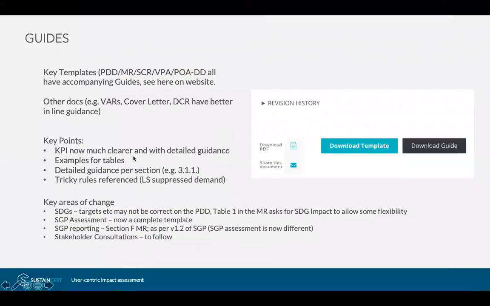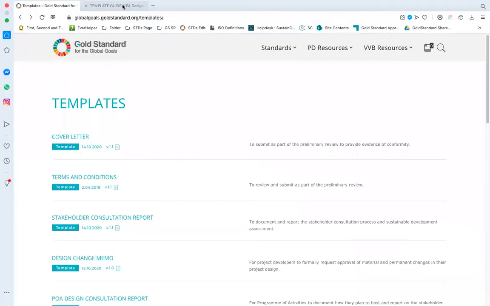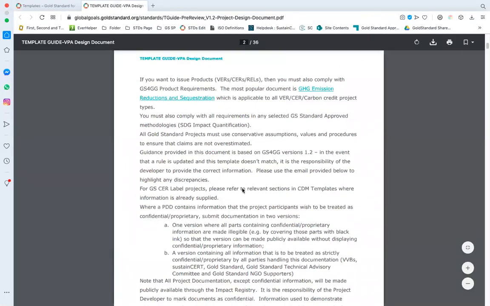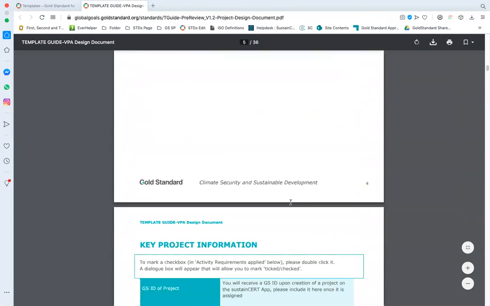So I'm going to talk about some of the detail. As I mentioned, the guide provides much more structured information, and I'm going to pinpoint those for you now. The KPI is much more clear, we hope, and has more detailed guidance. I'll show you what it looks like in the document.